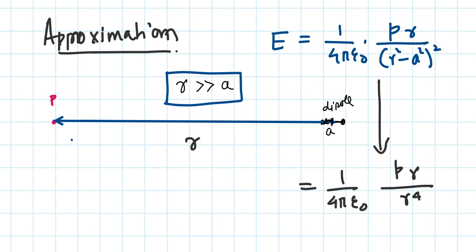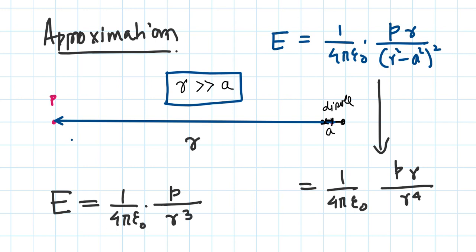But now fortunately enough for you, as you can see, there is already one R in the numerator. We can easily get rid of one R from the denominator, thus resulting in the following equation. The equation will be, I'm not writing vector, so I don't want that, E is equal to 1 by 4 pi epsilon 0 times P divided by R cube.